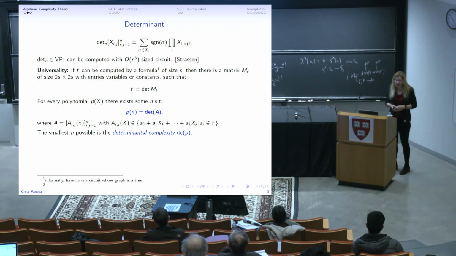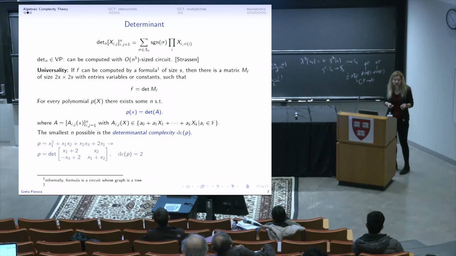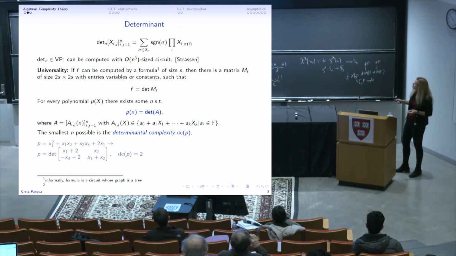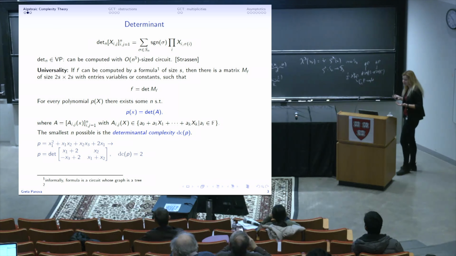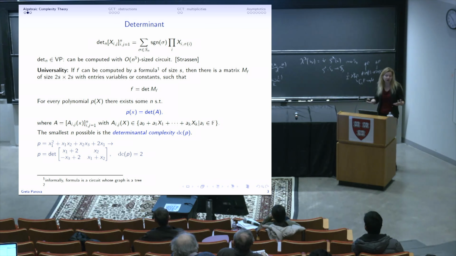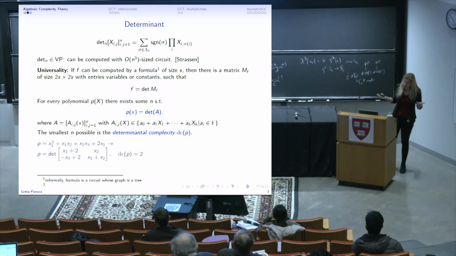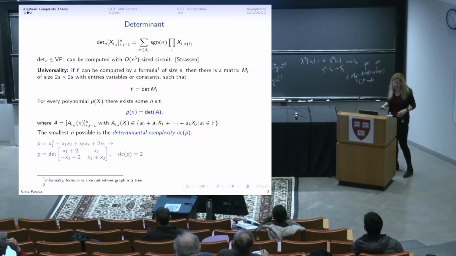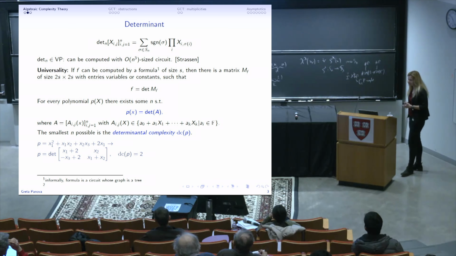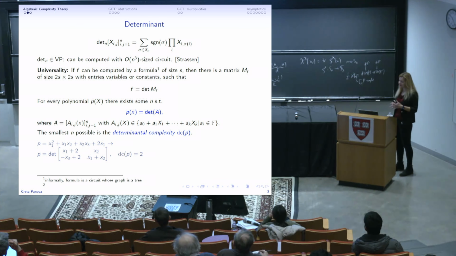And this is going to be our determinantal complexity of the polynomial. Here is an example. If we take this polynomial here, we can compute it as this 2 by 2 determinant, and in this case we can say that the determinantal complexity of the polynomial is 2, because we cannot do it with a 1 by 1 determinant for sure, because we have a degree restriction. But of course, figuring out the minimal such matrix is going to be hard.